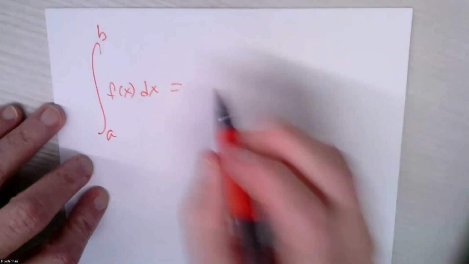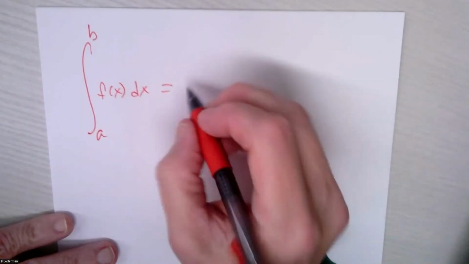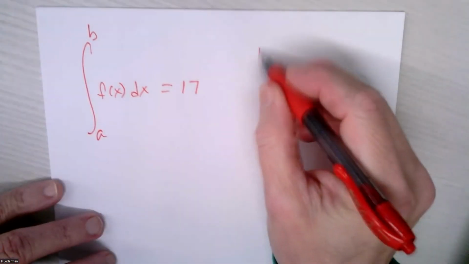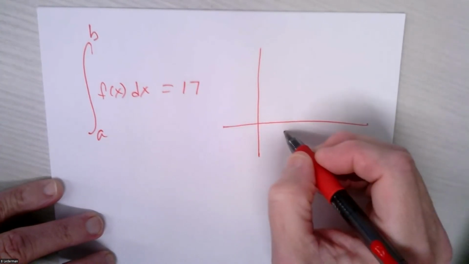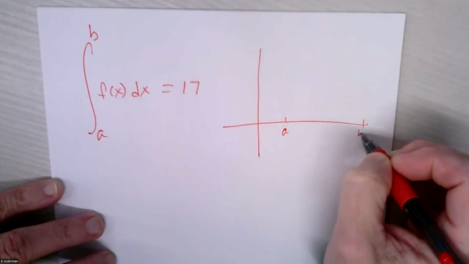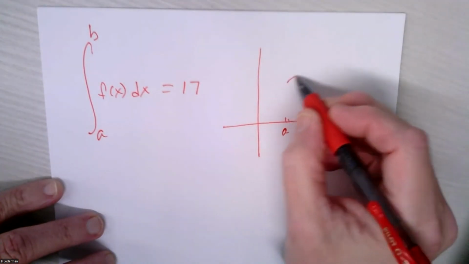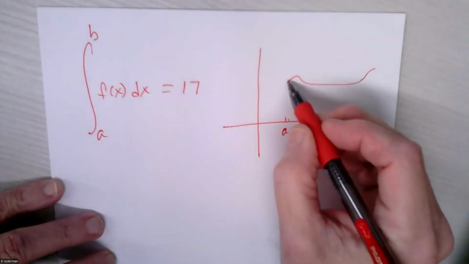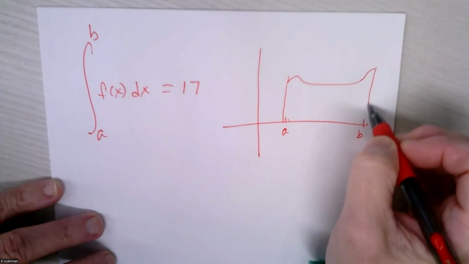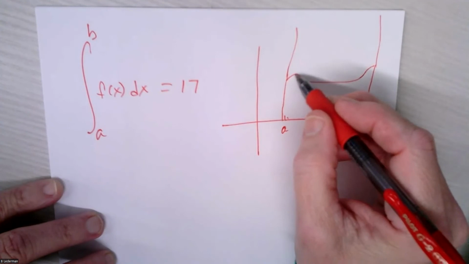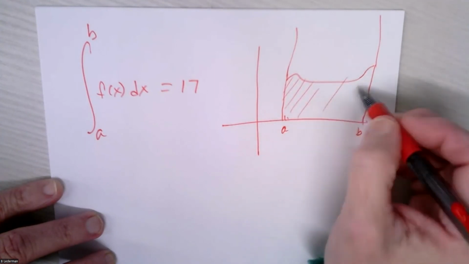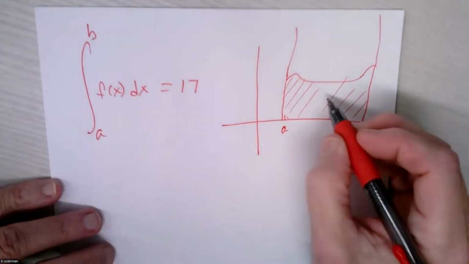Let's say that equals, I don't know, 17 square inches. Here's the graph of it. That's A and that's B, and it looks like that. And this area down here is 17.